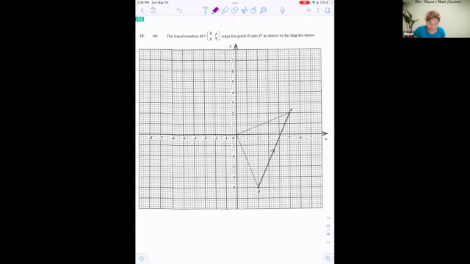This question takes R and it creates R prime. So the first thing I want you to do in your book is to write down the coordinates of R and R prime.